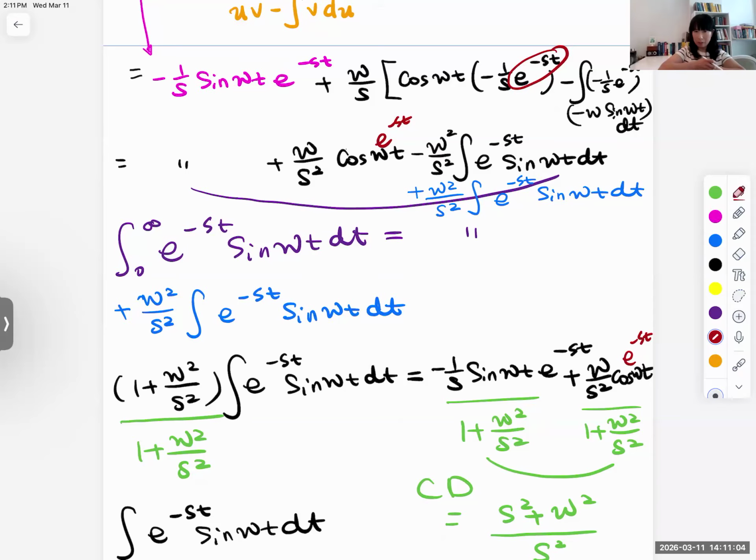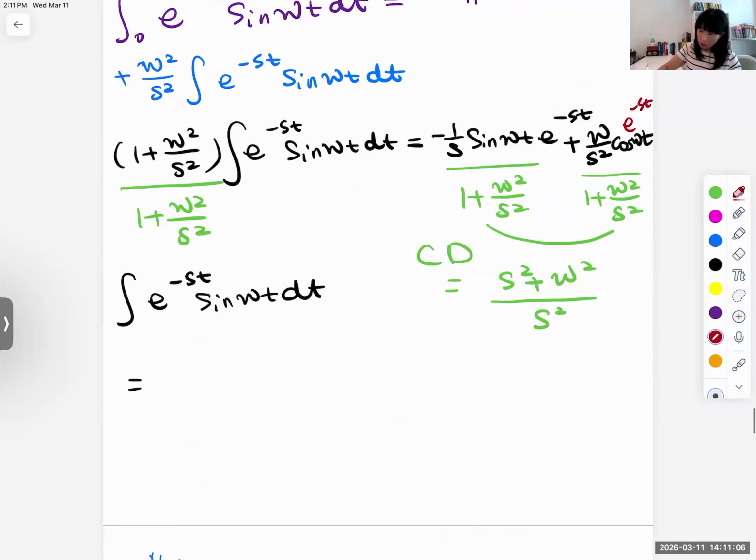Clear to you? Okay, now there will be s squared over s squared plus omega squared, then negative 1 over s sine omega t e to the negative st.